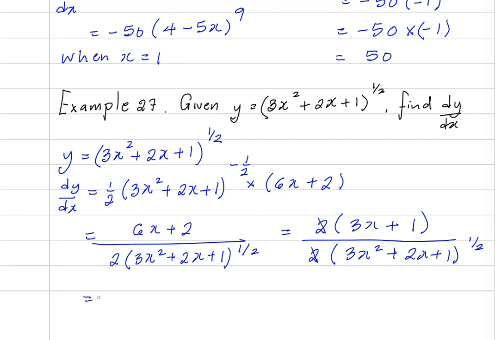We have dy by dx is 3x plus 1 over, if I want, raising to the half power is the same as saying square root, the square root of 3x squared plus 2x plus 1.